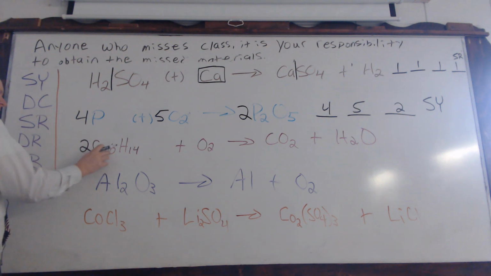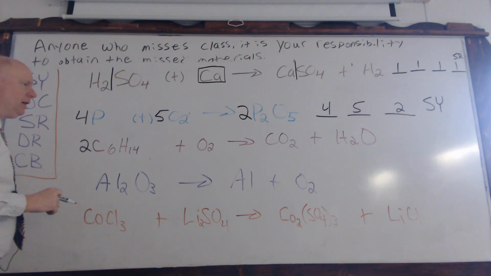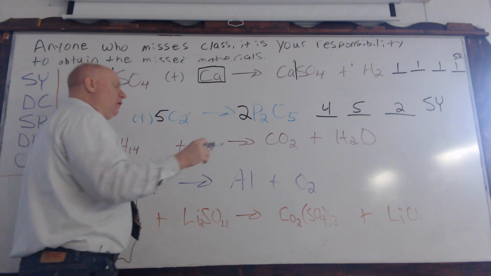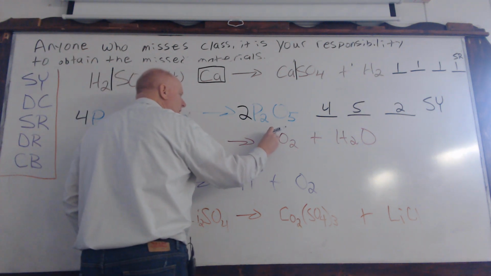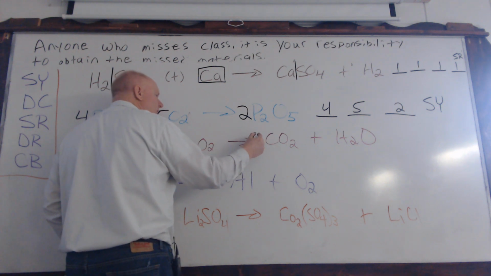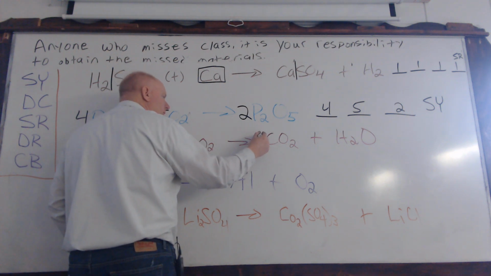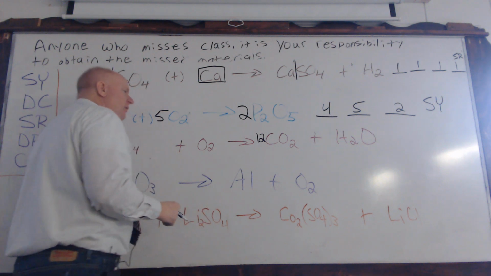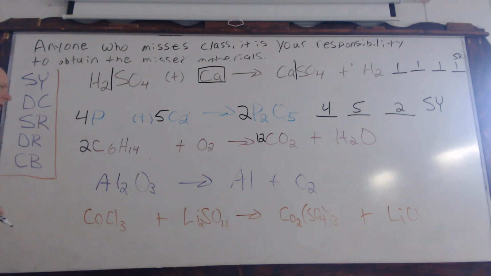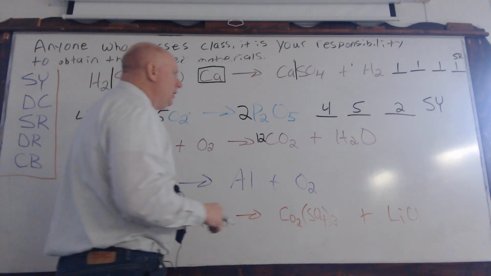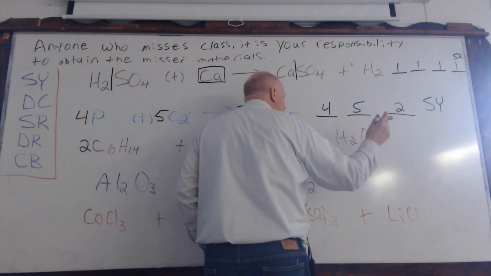So 2 times 6 for carbons gives you what? We've only got one here, so we've got to get this up to a 12. Our carbons are now balanced. Let's not worry about the oxygens. Let's move on to our hydrogens first. 2 times 14 gives you 28. And we've got 2 here, so we're going to need 14.